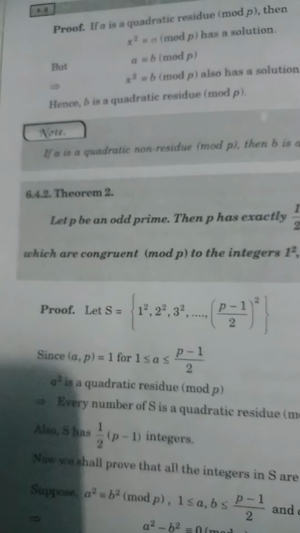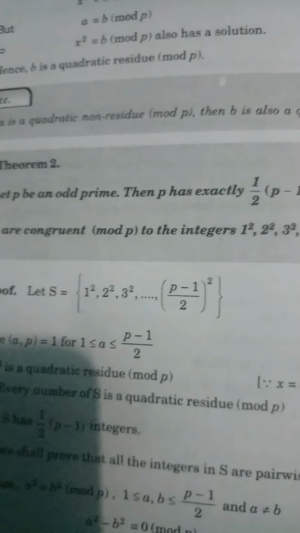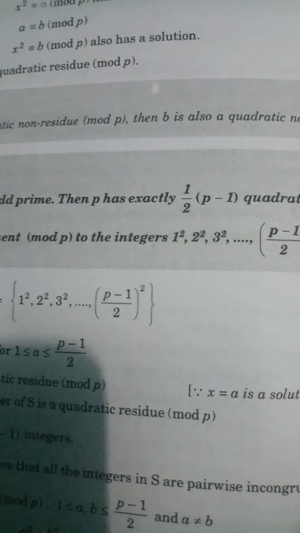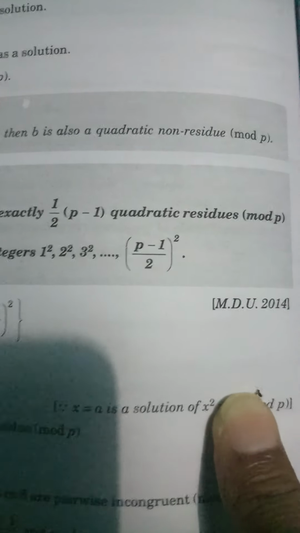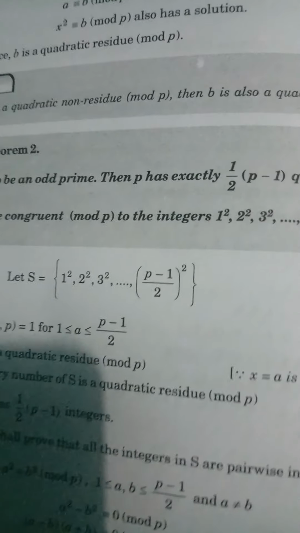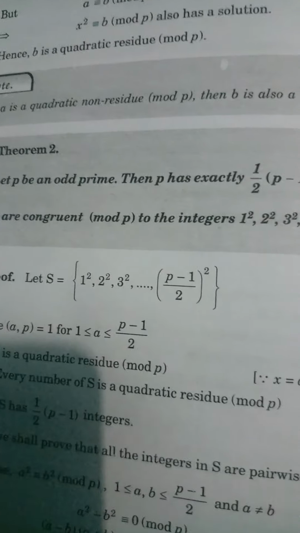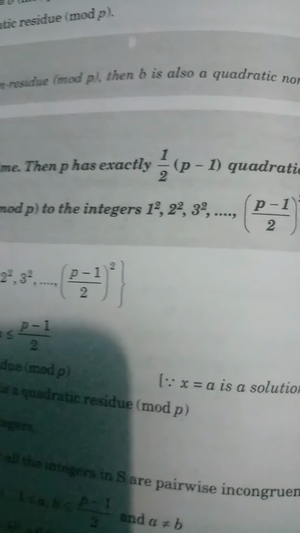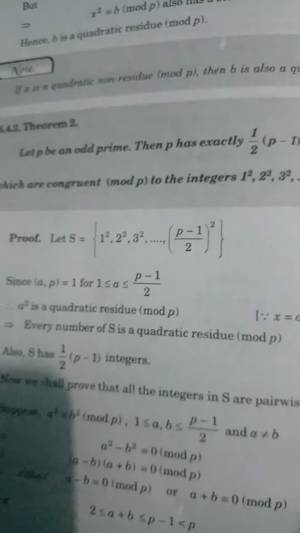दोबारा स्टेटमेंट देखते हैं. If P is an odd prime, then P has exactly half into P minus 1 quadratic residues mod P, ठीक. Which are congruent mod P to the integers 1 का square, 2 का square, 3 का square, P minus 1 by 2 का square.